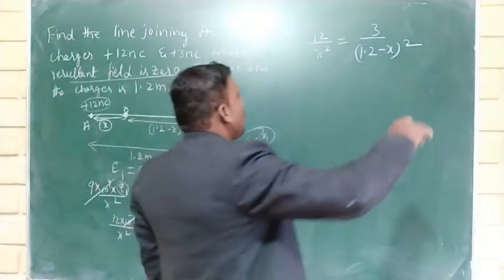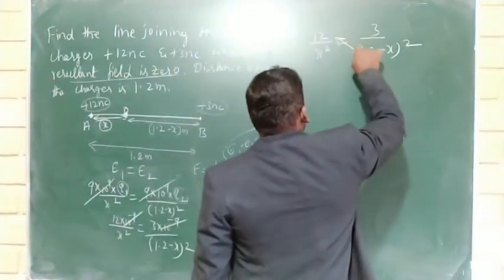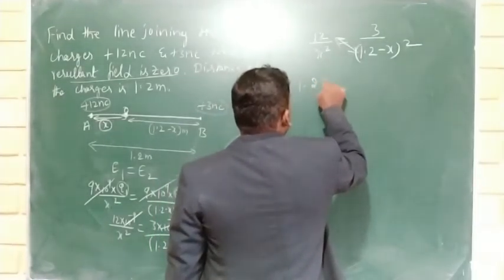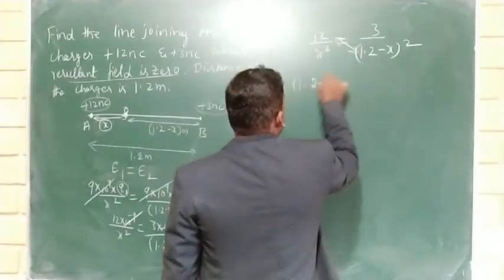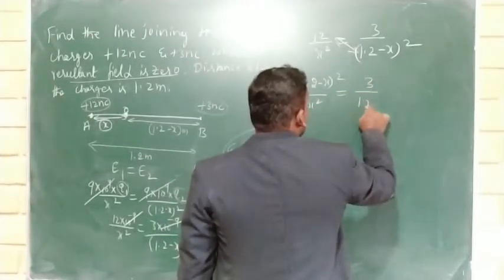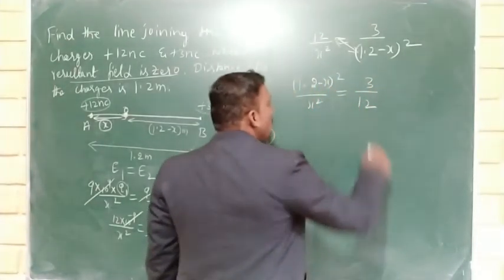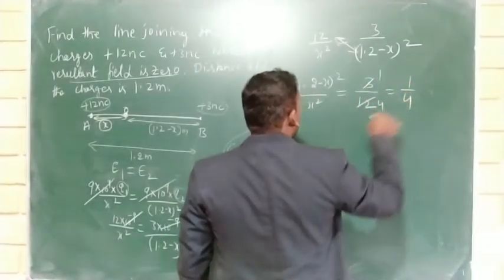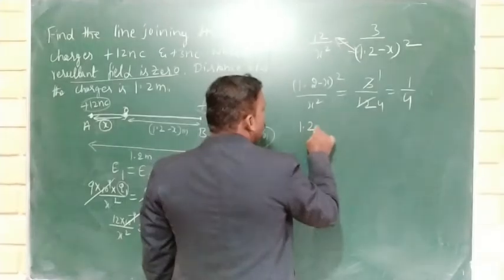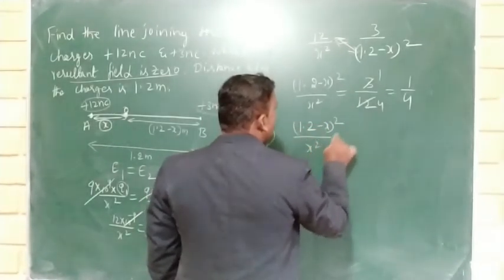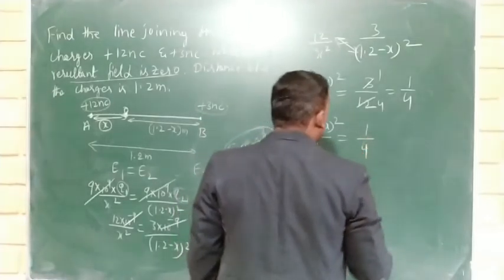Here, cross multiply this equation. 1.2 minus x whole square divided by x square is equal to 3 divided by 12. 3 ones are 3, 3 fours are 12, that is 1 divided by 4. Therefore, 1.2 minus x whole square divided by x square is equal to 1 divided by 4.